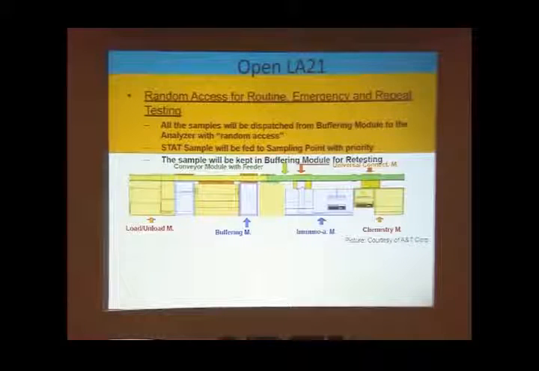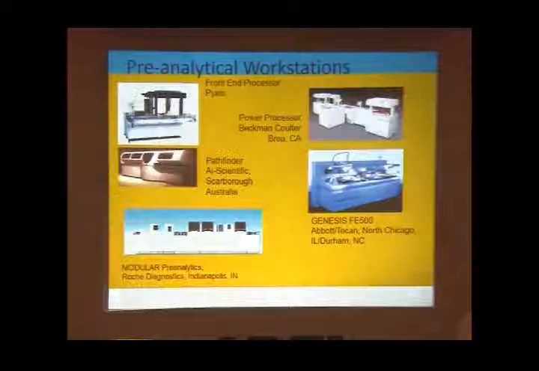So here are pre-analytical systems which can do the pre-analytical work efficiently. There are more here, and here again I have shown the pictures of Genesis. This is from Abbott, and here some American system and an Australian system. This is from Beckman, and this is from Roche.